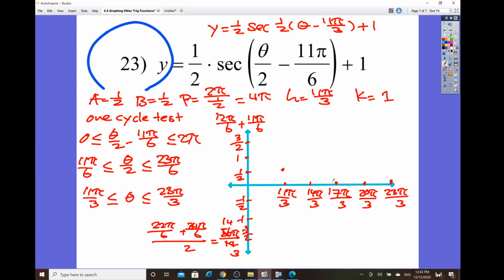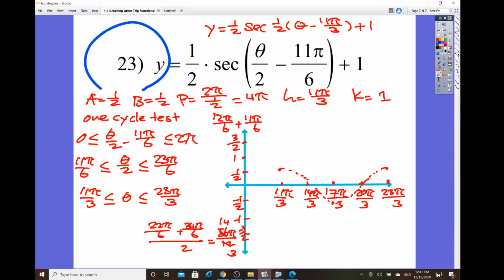Again, just the reciprocal functions, and then 0, and then negative 1/2, 0, 1/2. Because secant is based off the graph of cosine. And now another thing that we notice, at those zeros, what happened? Those are the vertical asymptotes. So VA. So we need to dot the line again at those zeros.